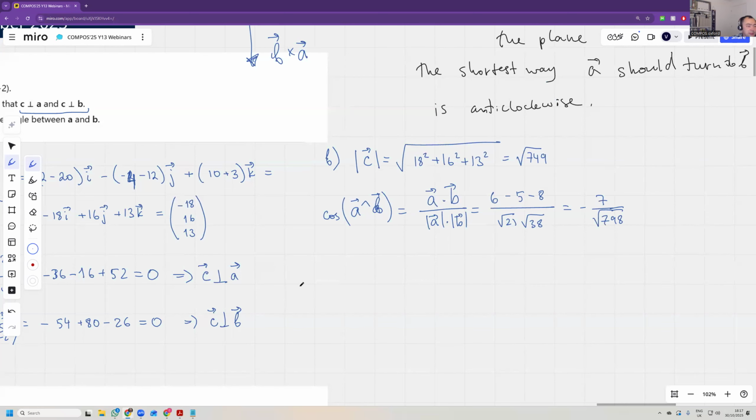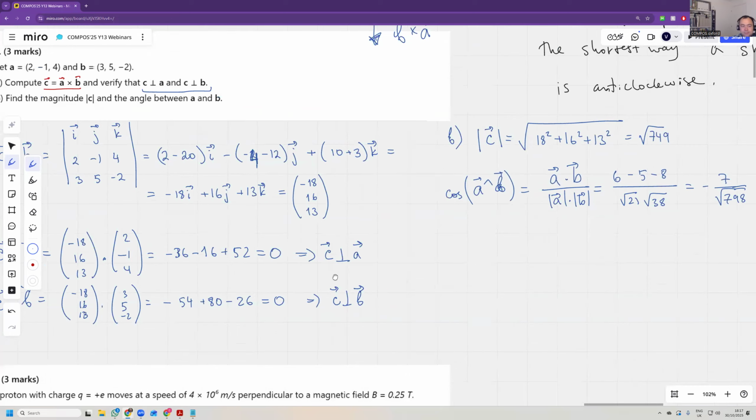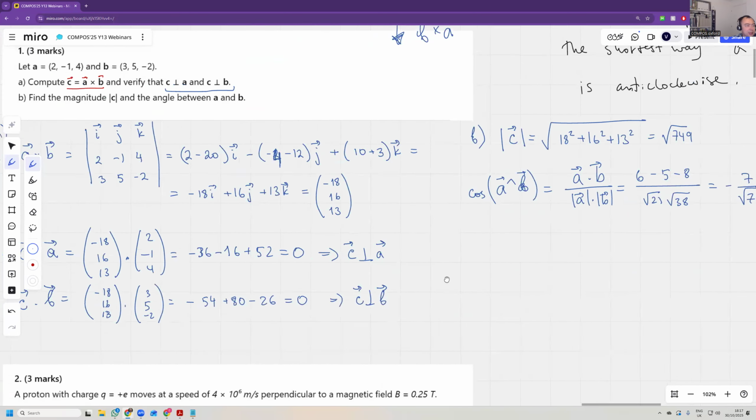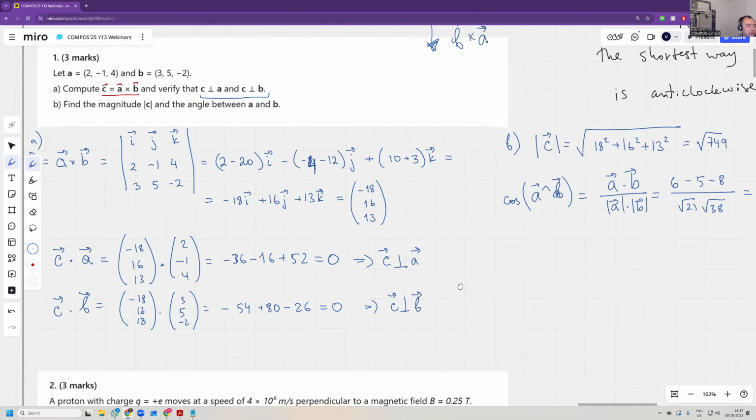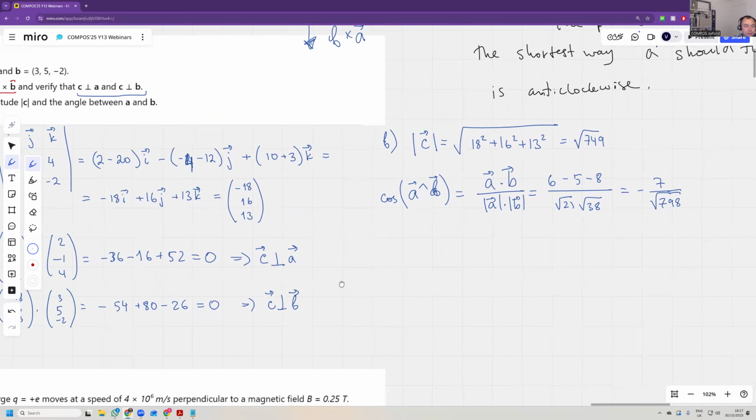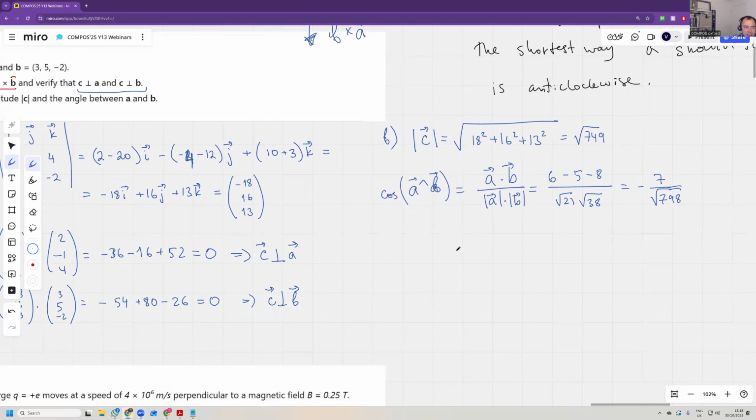And then we need the angle. Well, it's arccos of that. I don't know if we actually need to calculate the angle, but okay, let's do the angle.